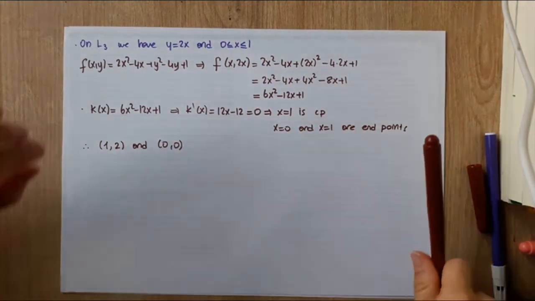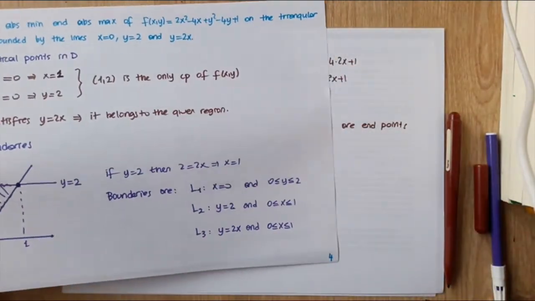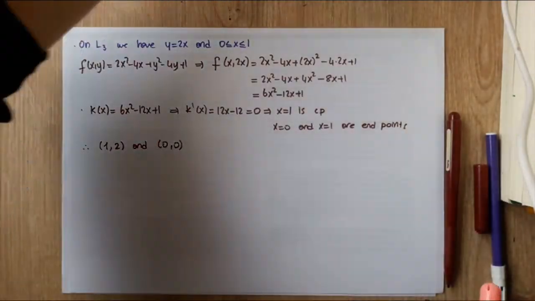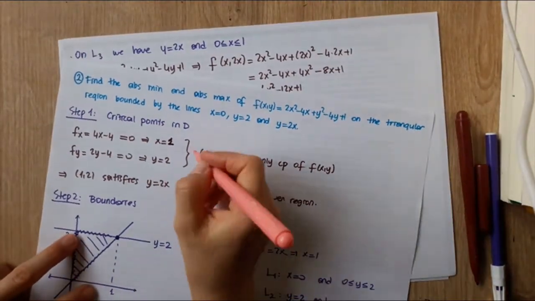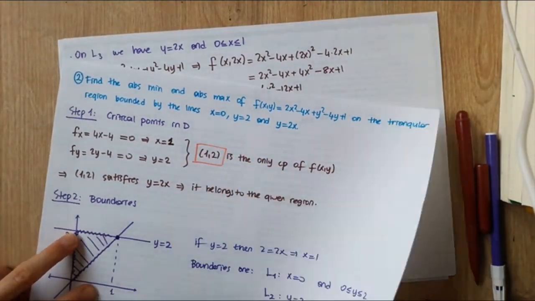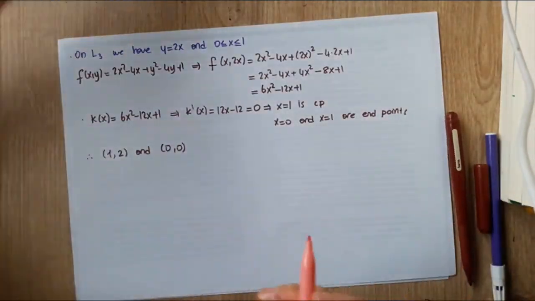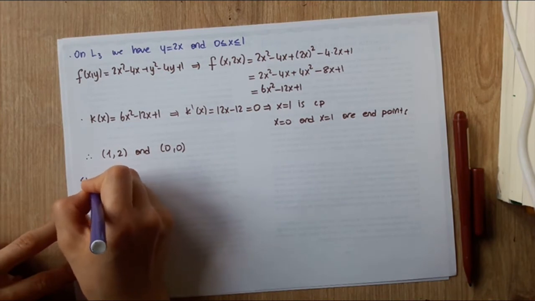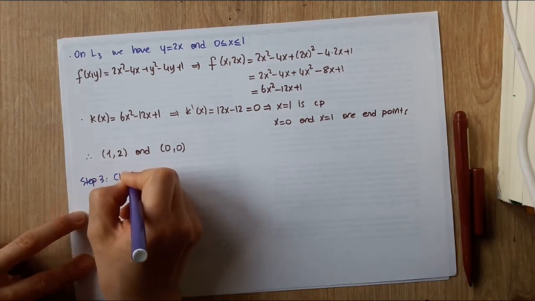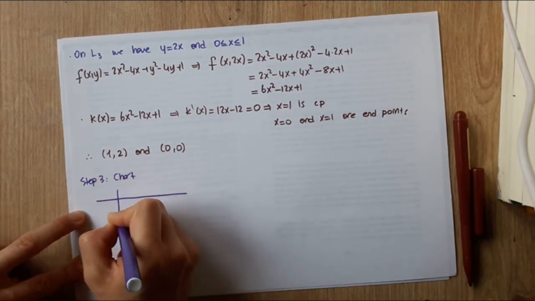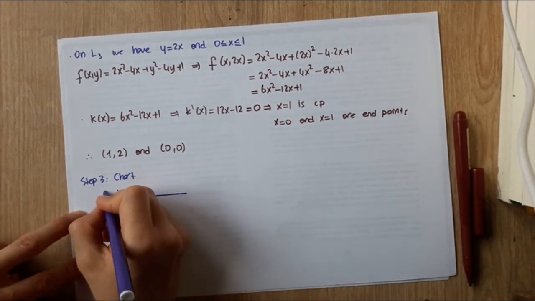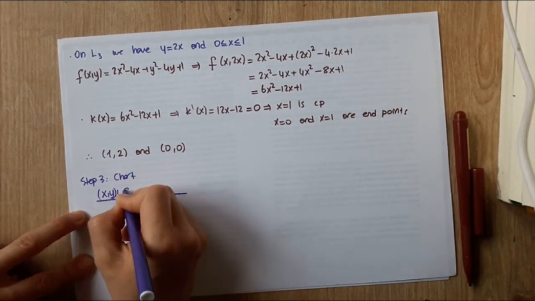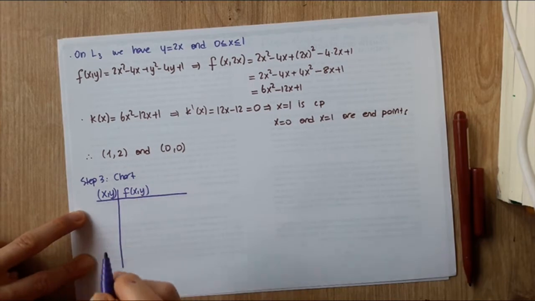Okay, so how many points do we have? First of all, I have 1, 2, this is the critical point. And let me write 1, 2 first of all. So step 3, charts: x, y, f of x, y.